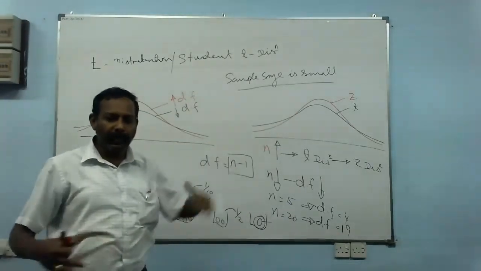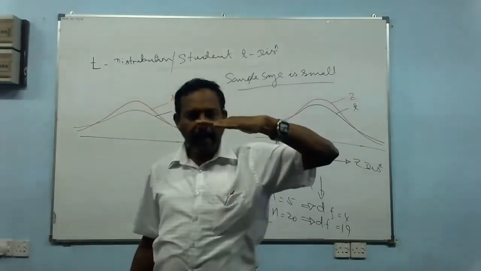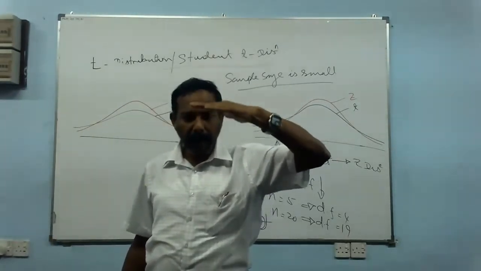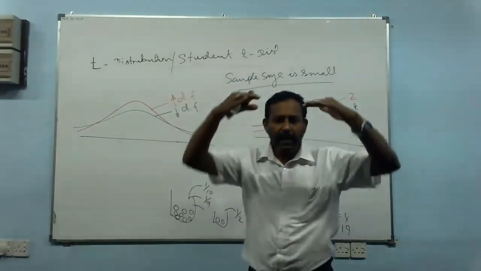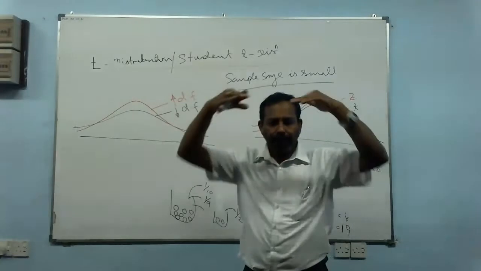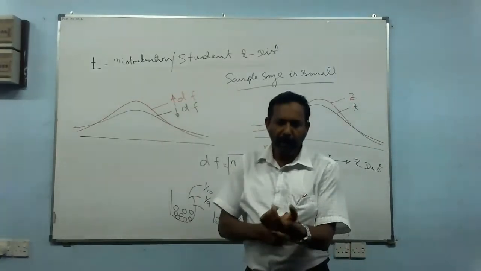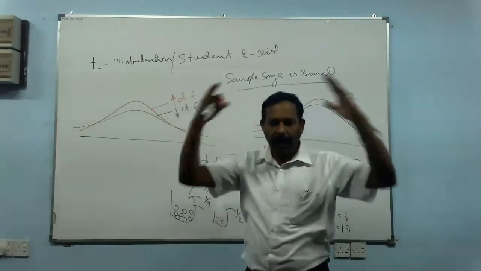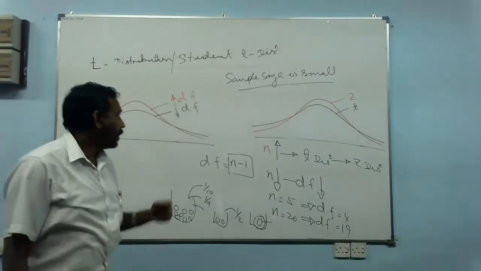So that is the principle. The t distribution is more or less a flat, lower distribution. Once the degrees of freedom increases, it becomes a bell-shaped distribution or bell-shaped diagram, right? So that is the principle behind the t distribution.